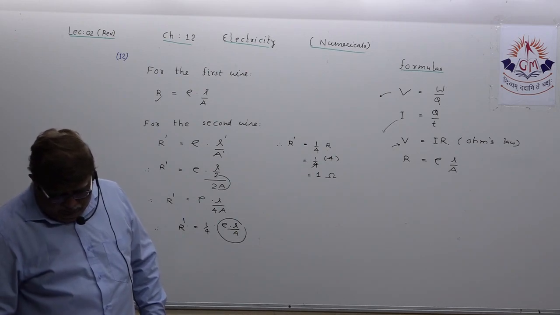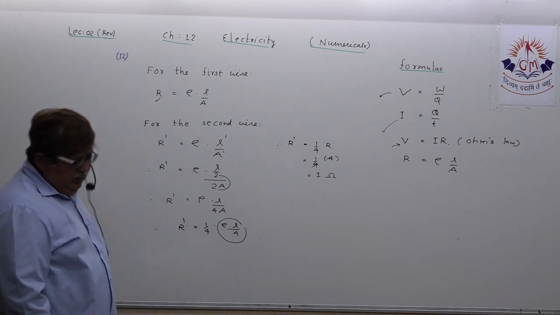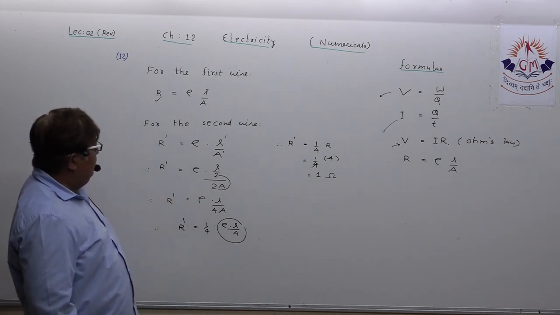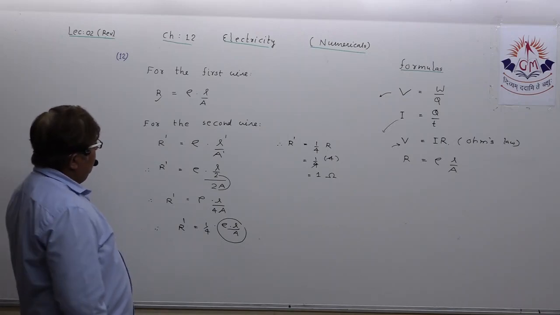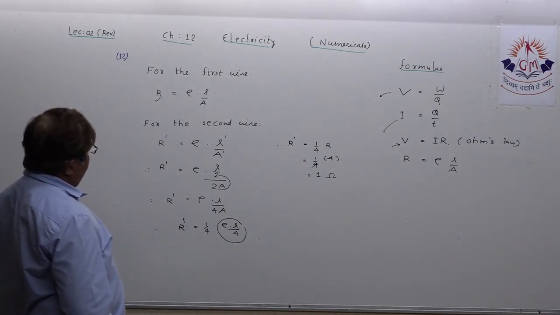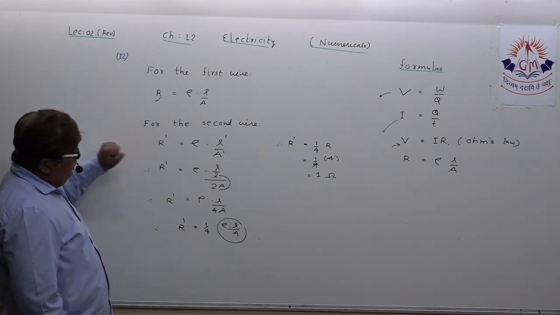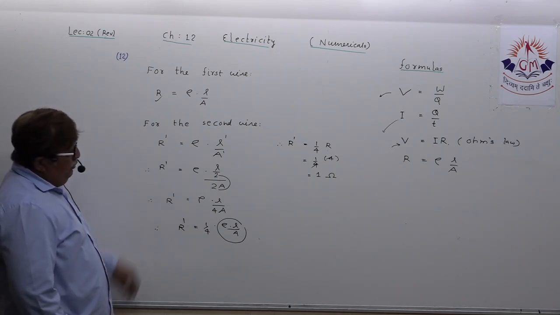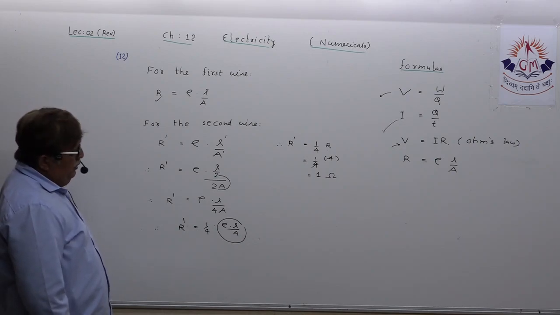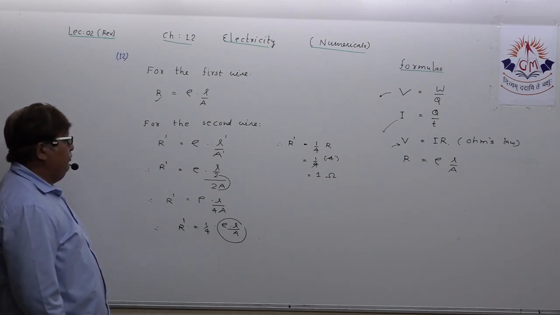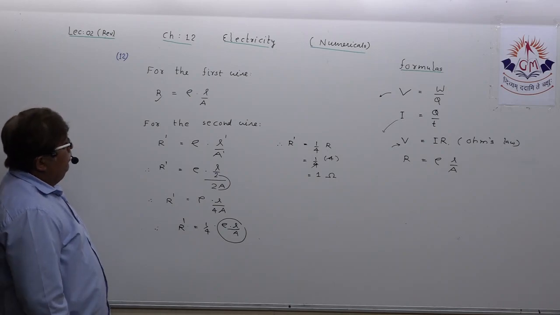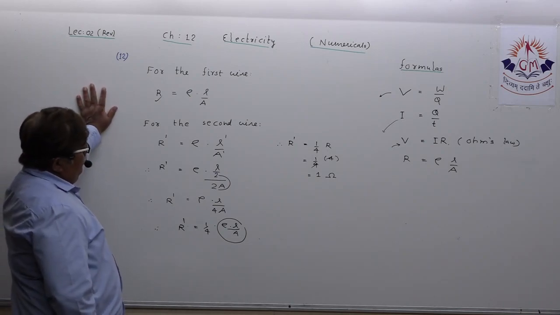It is just retyped. Okay, but it is the same numerical, right? So you need to just follow the method so that you will come across any MCQ. Understand?